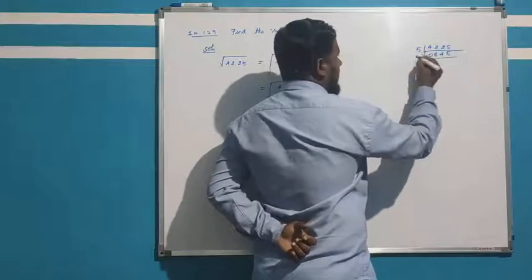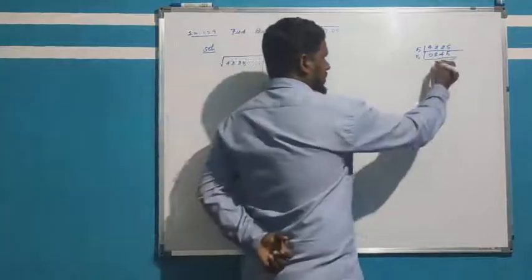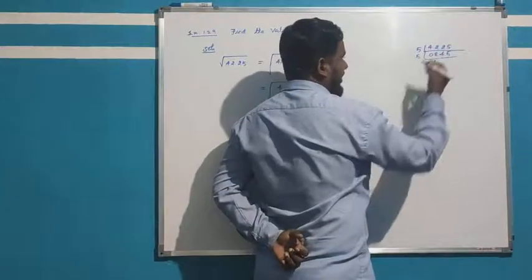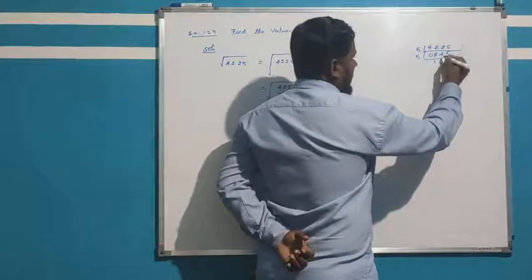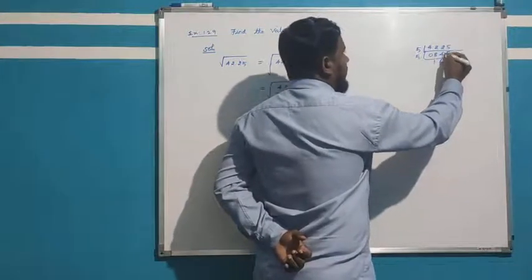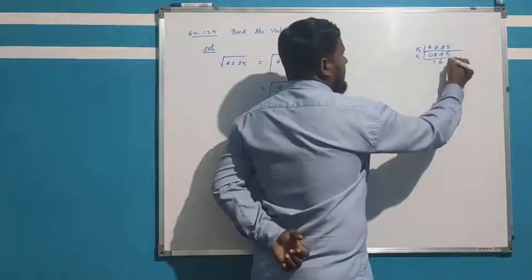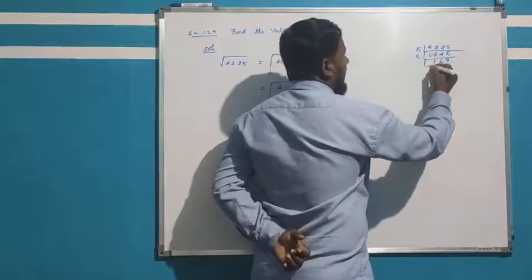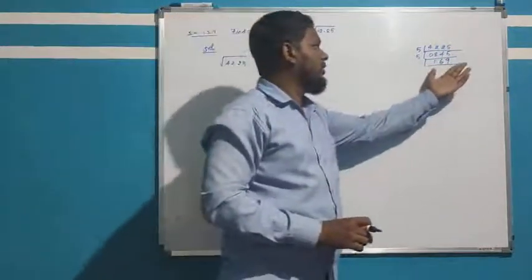Again odd, taking the fifth table: 1 five is 5, balance 3, so 34. 6 fives are 30, balance 4, so 45. 9 fives are 45.